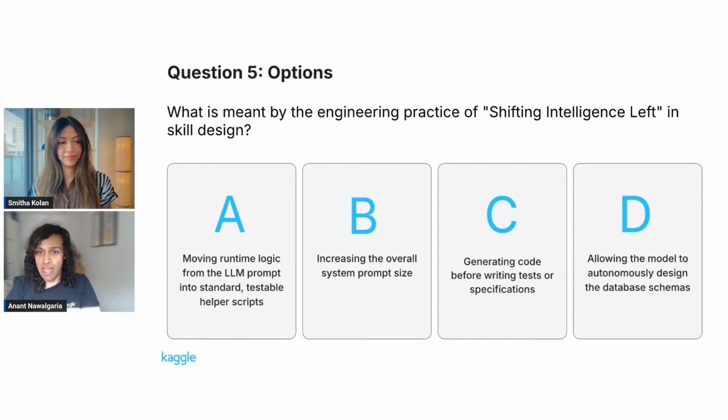Think about what left could mean here. All right, the correct answer will be shown in 3, 2, 1, and the correct answer is A, where you move it away from LLM logic, more towards the scripts. All right, that brings us to the end of our pop quiz and our session.